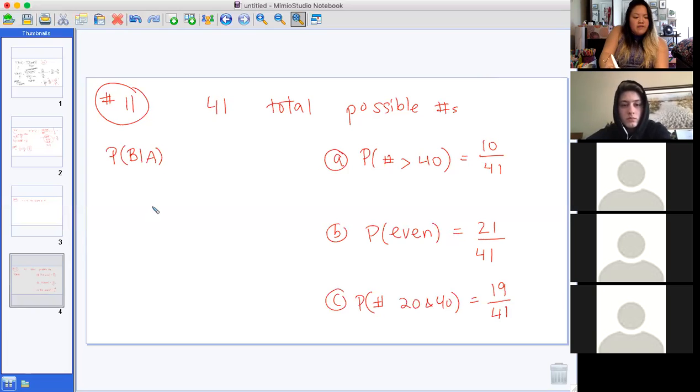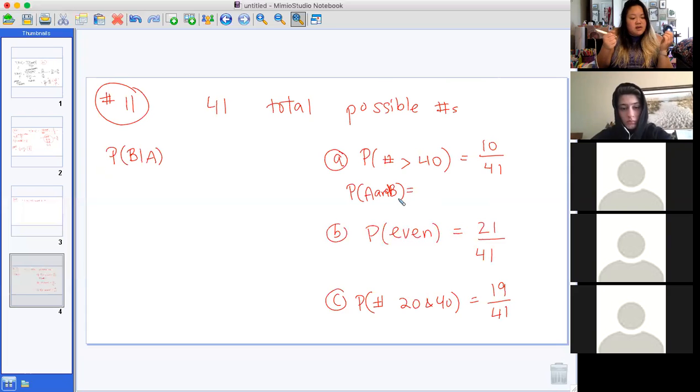And now I want to find the ands, right? For A and B, the probability of A and B is actually the same because they're just flip-flopped, right? For part A, B is even and A is greater than 40, but for part B, it's flip-flopped. So the probability of A and B happening is actually the same number.